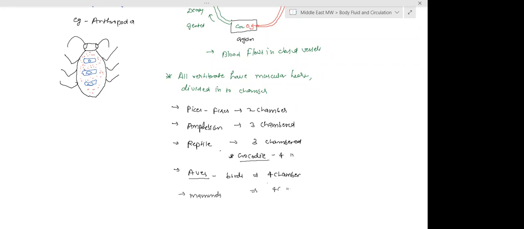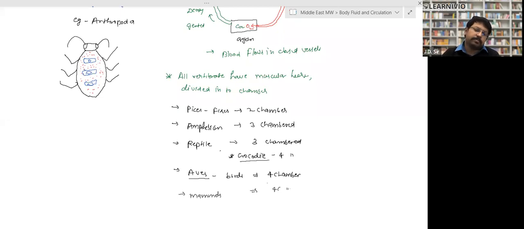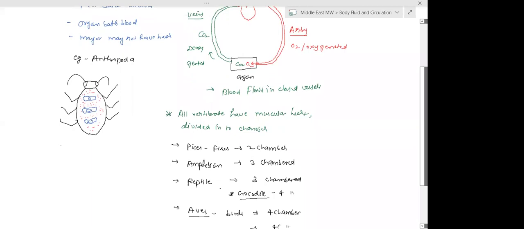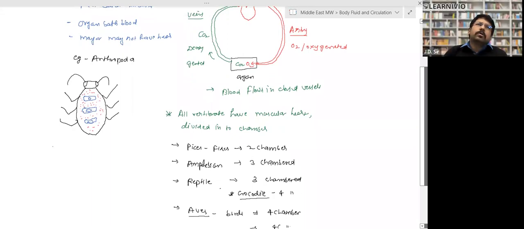Is there any other example of open circulatory system other than arthropods? Yes, there are so many examples like this one. Porifera, they don't have a circulatory system.